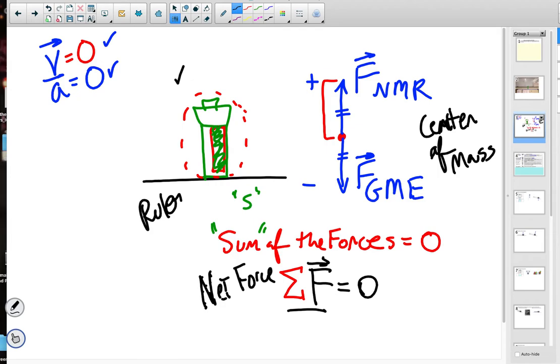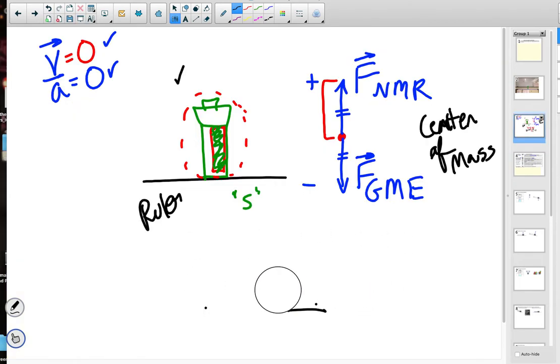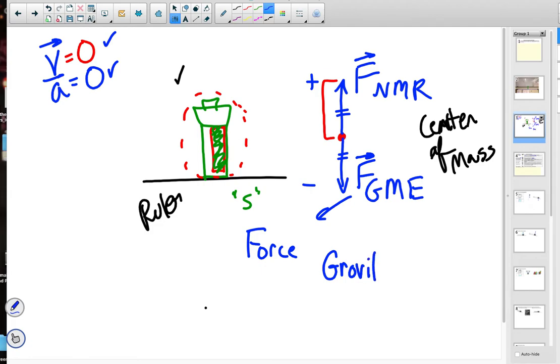Now, when looking at the naming of this, look at the force of gravity on the marker by the Earth. I think it's pretty easy that the big F stands for force, the big G stands for gravity, the big M stands for marker, and the big E stands for Earth.